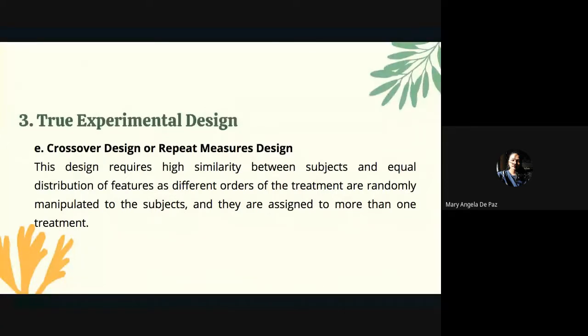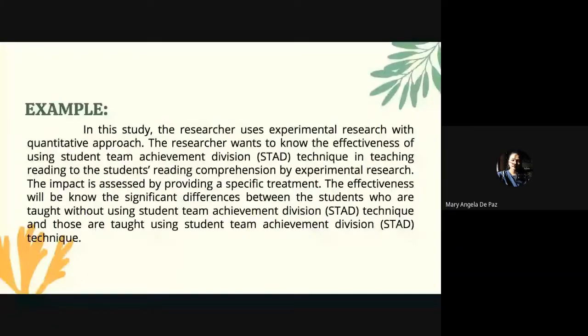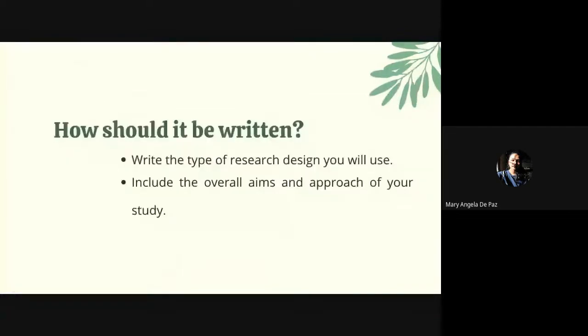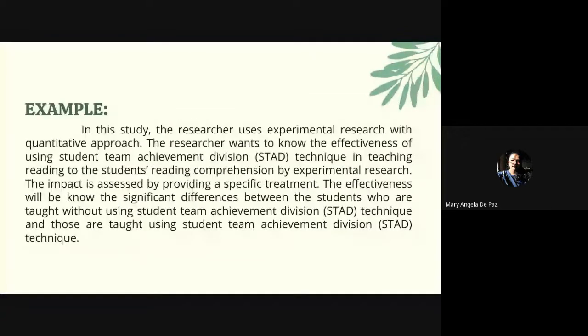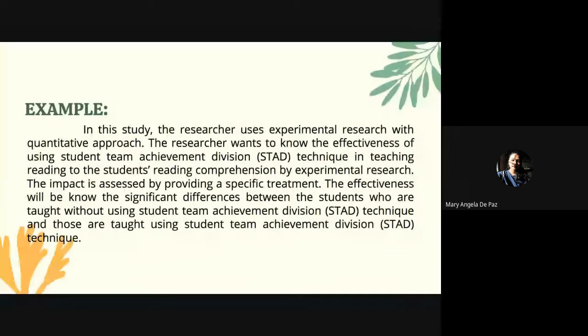So next slide. Here we have an example on how to write it on your paper. Next slide. For our example, we used a study. So in this study, the researcher uses experimental research with a quantitative approach. So as you can see, the researchers proceeded to introduce what type of research design was used in their study.